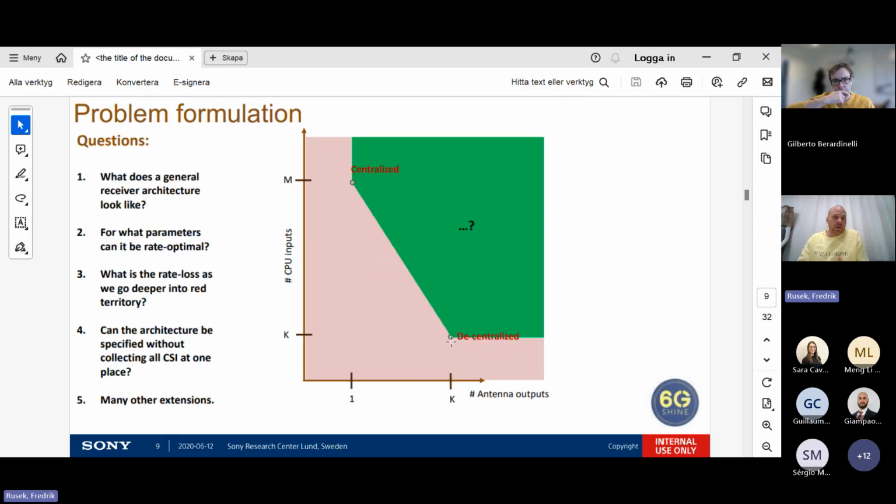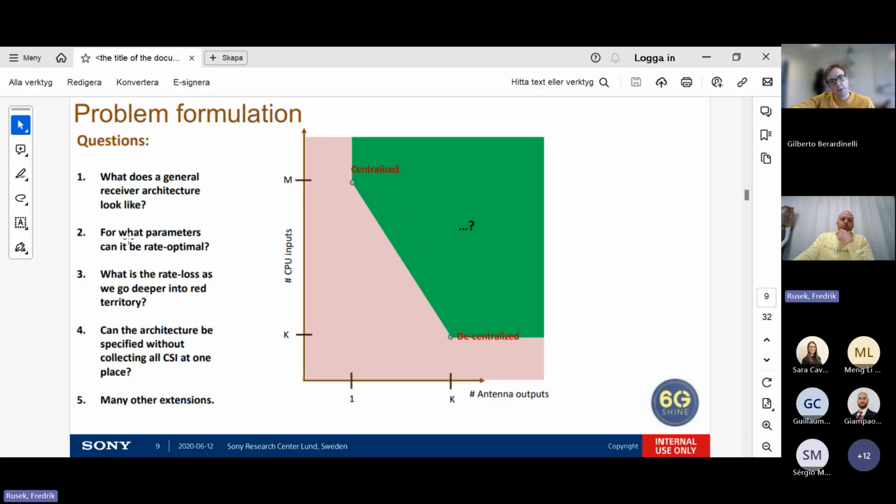We don't know. So we now have five questions that we would like to have answered. We have more, of course, but I will look at these five. First of all, what does it mean, how does a receiver architecture actually look if we are operating somewhere here? It is conceptually straightforward to understand maybe this point and that point, but it is a little less so if you are anywhere in this region here.